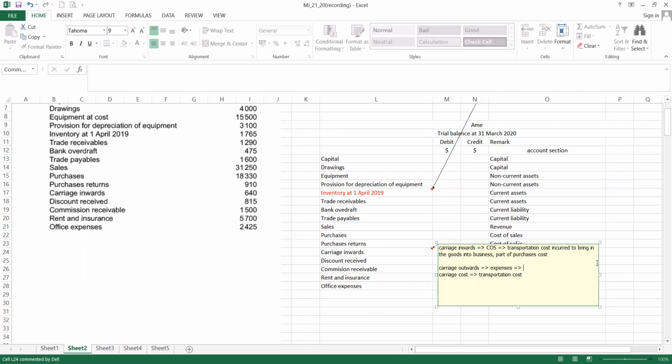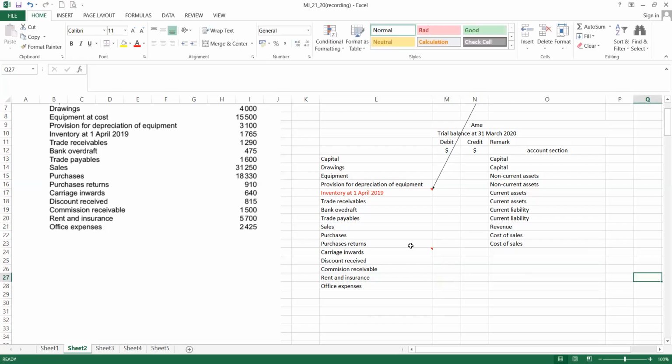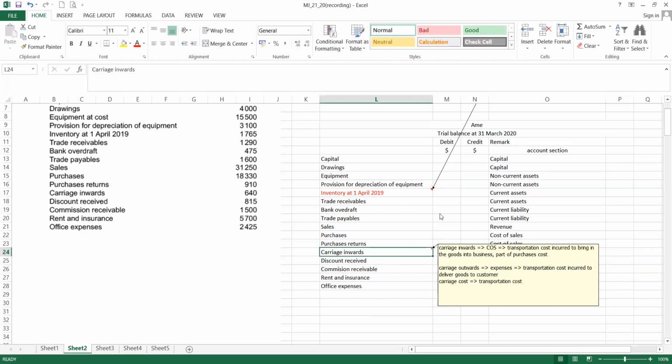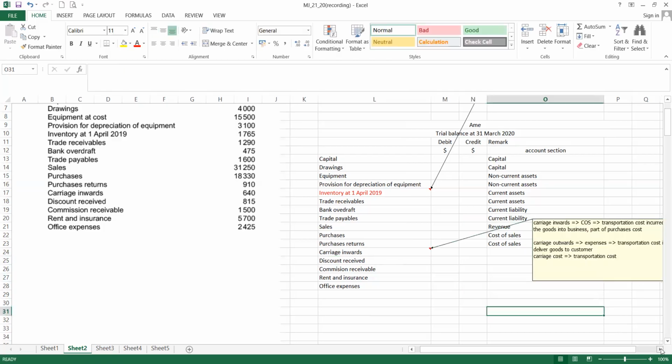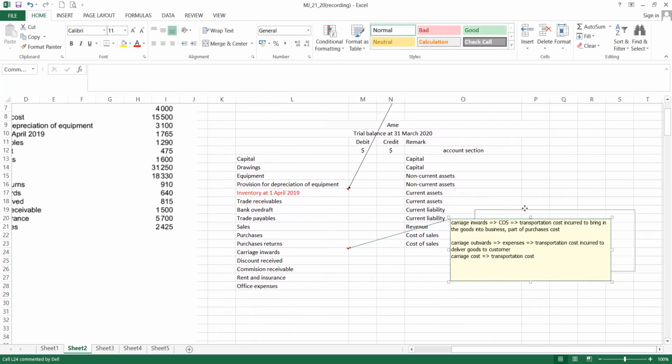Carriage outward is the transportation cost incurred to deliver goods to the customer, so we treat it as part of the expenses. So take notes about carriage inward and carriage outward, because sometimes the question will ask you to define these two terms. What is the difference between these two terms?